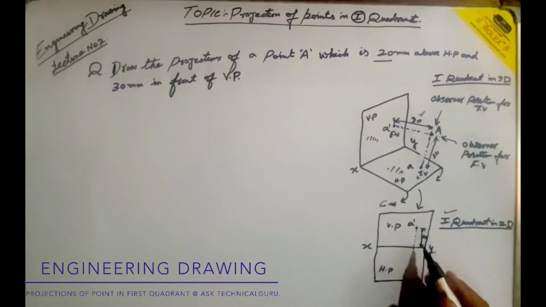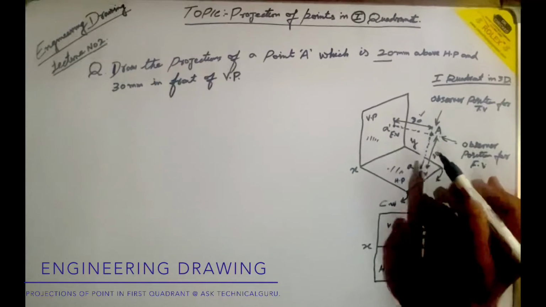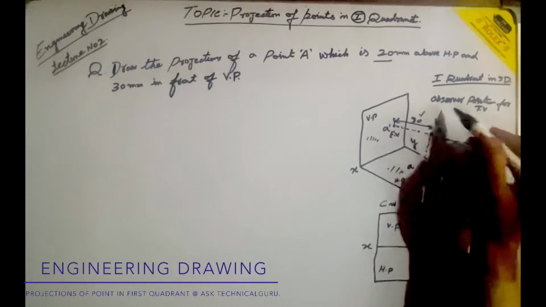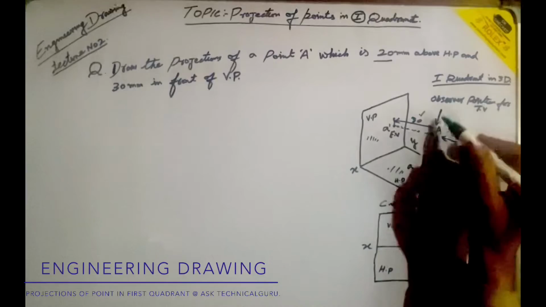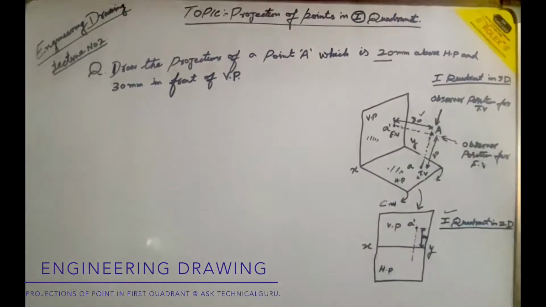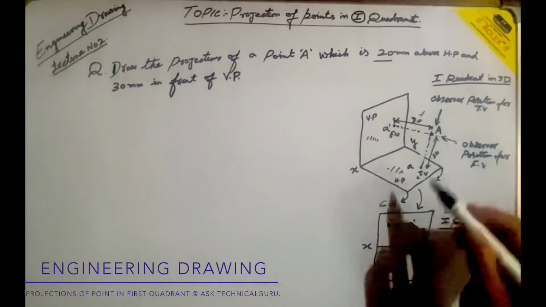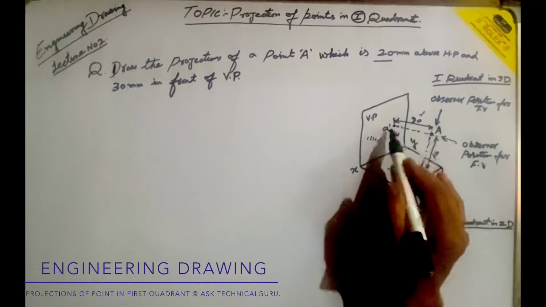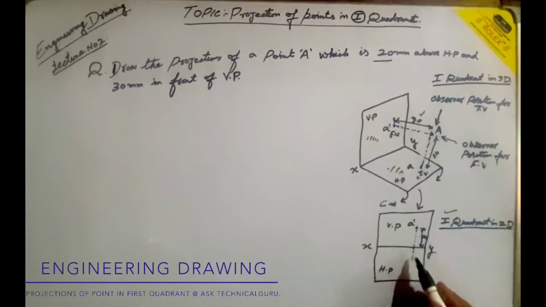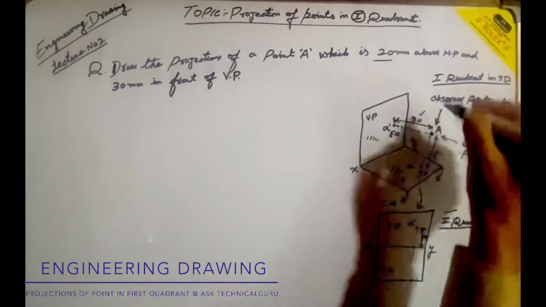Now what will happen in the top view? In the top view, the observer is seeing in this direction. When we see in this direction, perpendicular to this, we will be able to see the distance which is in front of the vertical plane. That will be visible to us in the top view only.